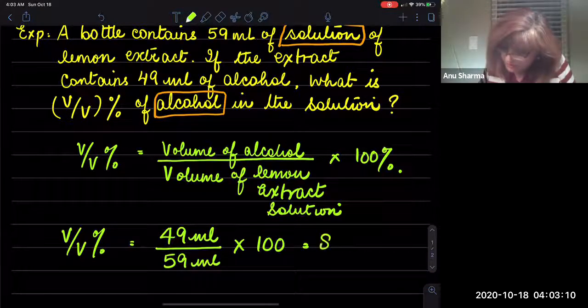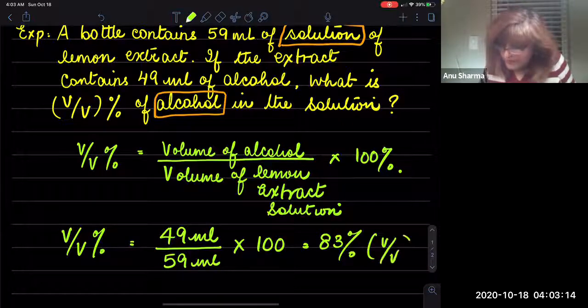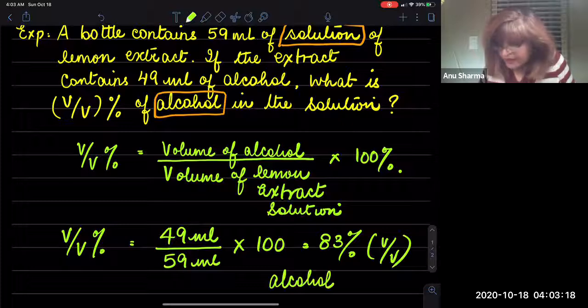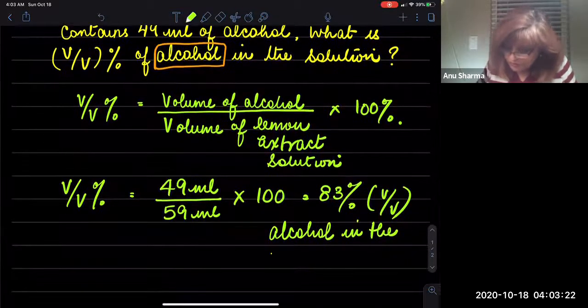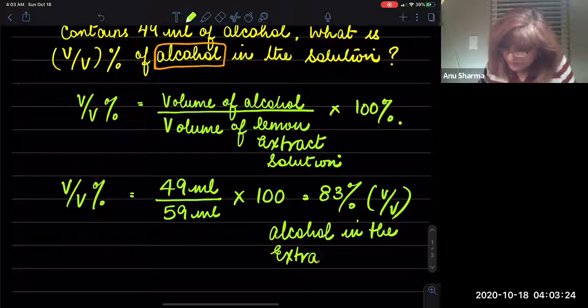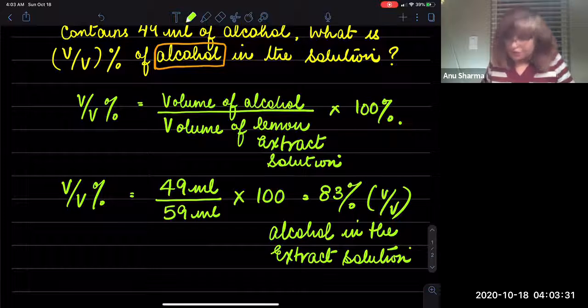So 83% volume by volume alcohol is present in the extract solution. Okay, so this is the very simple way you do these calculations.